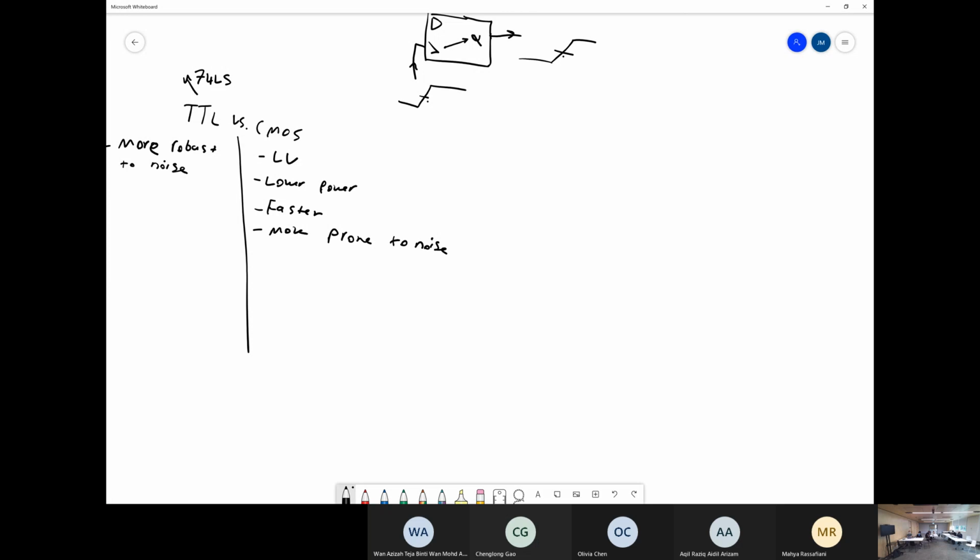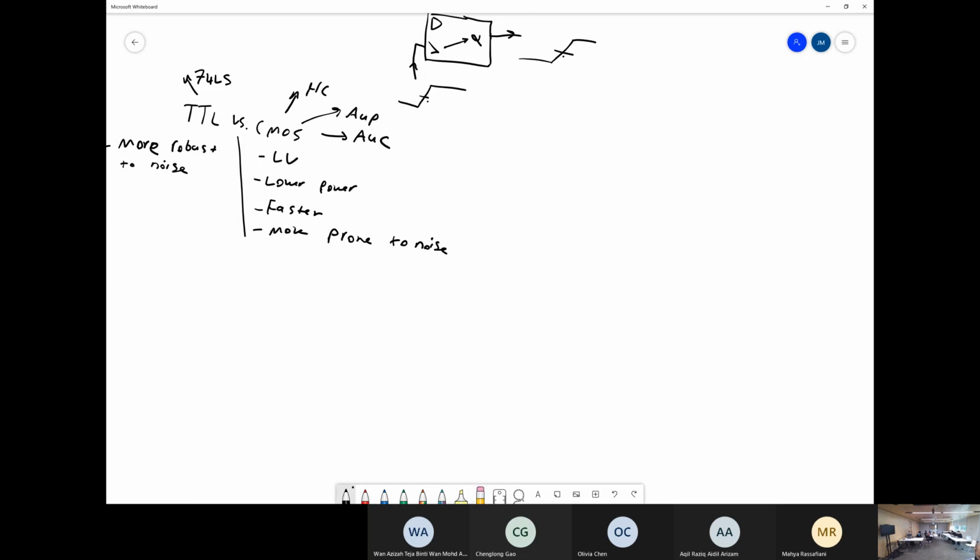But you can have CMOS, and different things like HC, AUP, AUC. They're all monikers for different logic styles. TI has a good guide on the different logic families. There's like 14 or 17 of them. Look at that in your own time because it is a good thing to look at.